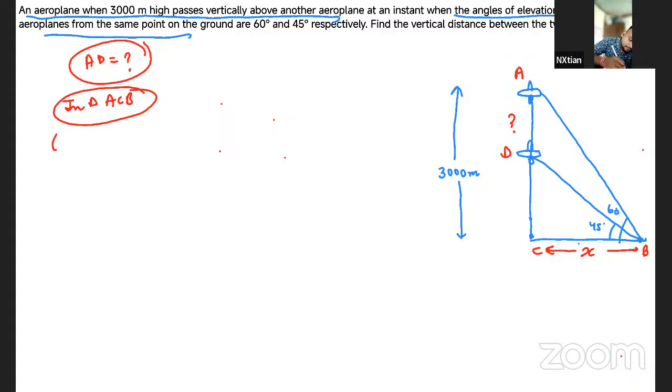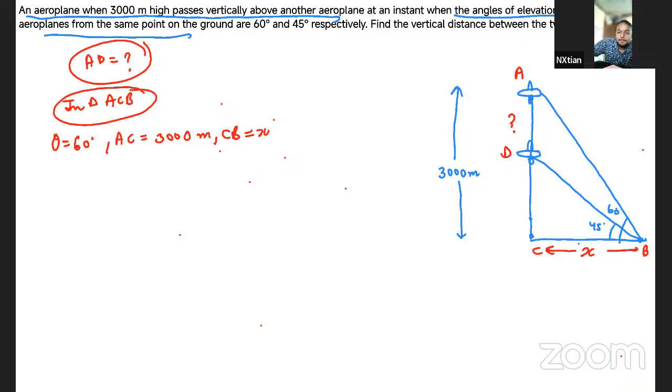Anybody? Theta is 60 degrees. Now what is AC? AC is given, 3000 meters. And what is CB? CB is X.